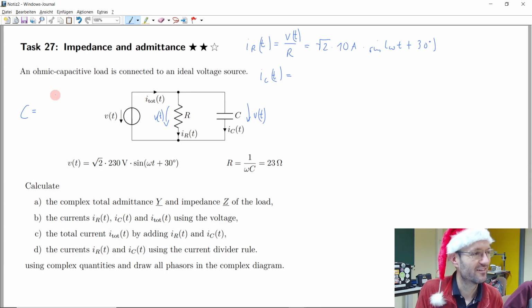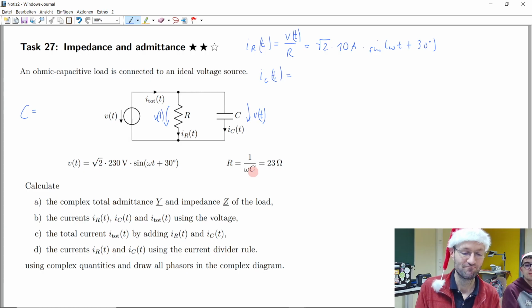From this equation, we could say, okay, C in this case is 1 over R and omega, but this is just for this equation. But very generally, what is the definition of the capacitance?